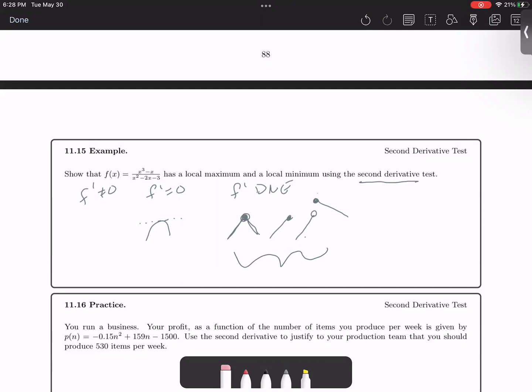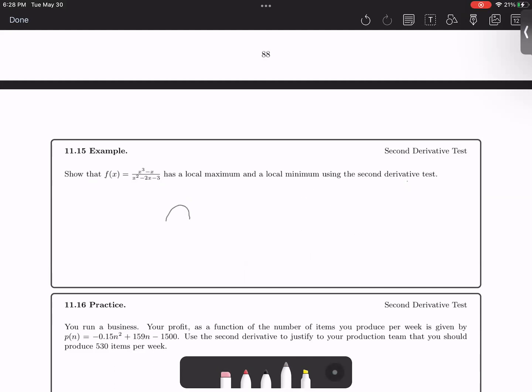Just like the first derivative can't exist where the original function doesn't exist. So we can use the second derivative to identify maximums because we'll be concave down, or minimums because we'll be concave up. So let's do that here.